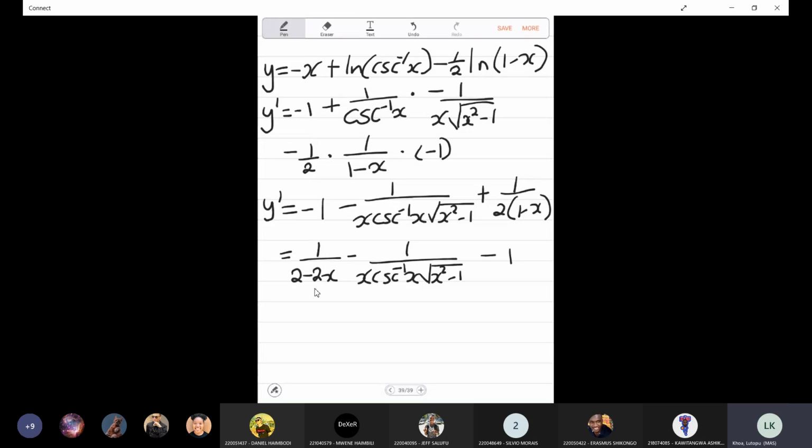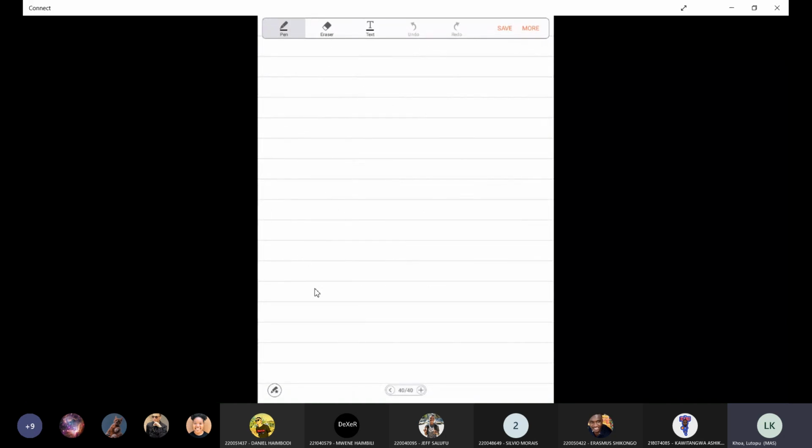And then we have number 19. Number 19, we have tan inverse of xy is equal to e to the power of x plus x e to the power of y.